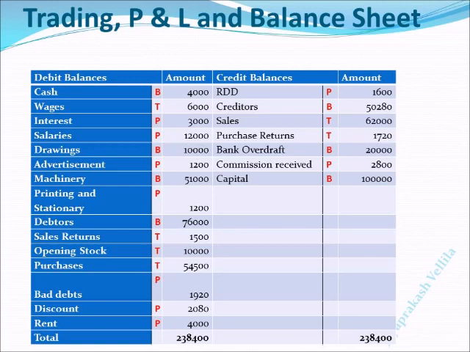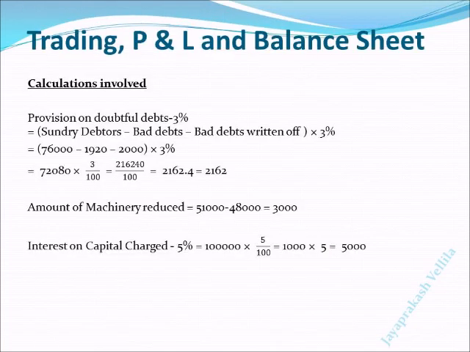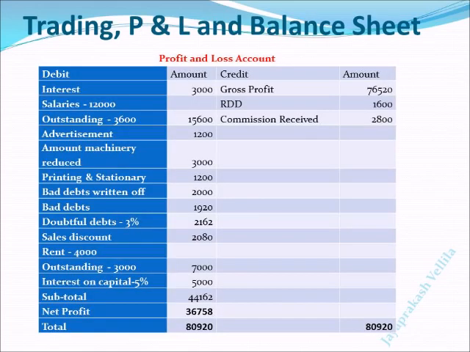In the trial balance, machinery is 51,000. Therefore, depreciation is 51,000 minus 48,000, that is 3,000. That is the depreciation deducted from machinery. So the amount of machinery reduced is 3,000.